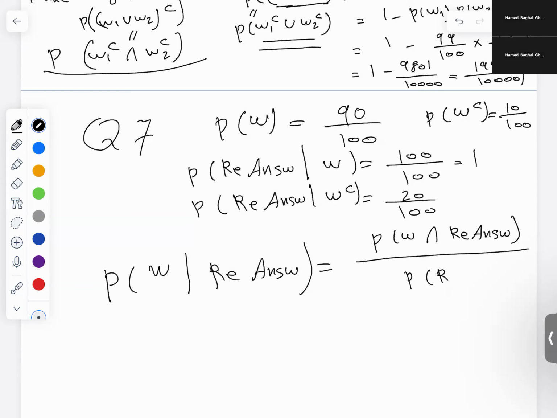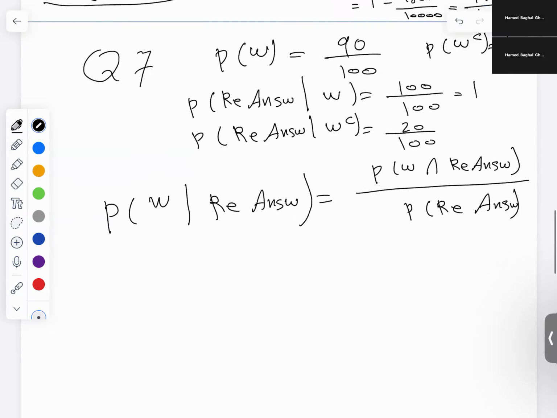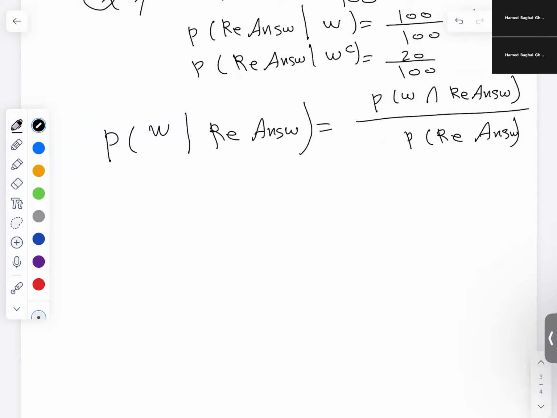Probability of return answer. Do you understand? We know that probability of A given B. Do you remember the formula?